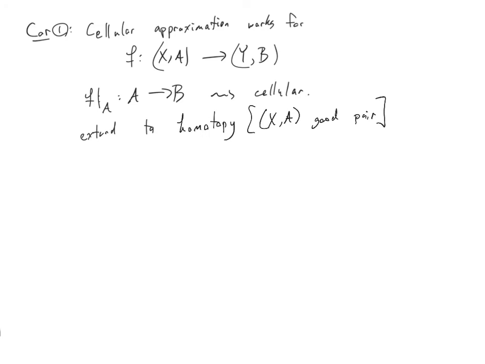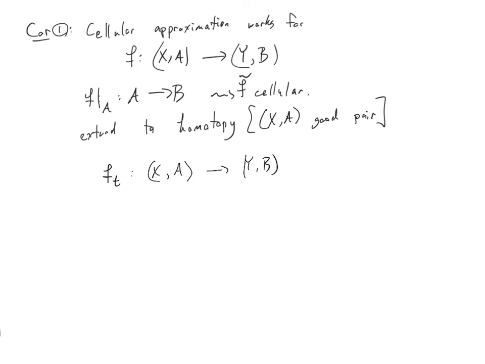So we can extend that to a homotopy between f and f twiddle cellular, and the homotopy, let's just call it FT, will now go from X, A to Y, B. So I'm extending it to a homotopy which agrees with f on X at time 0, and agrees with the homotopy which is provided on A to B.